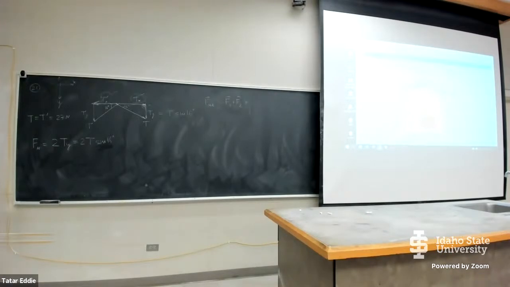So 0.2 times 2 is 0.4, and 0.4 times 27 should give you somewhere around 12. If you want accurate numbers, help me with your calculator.